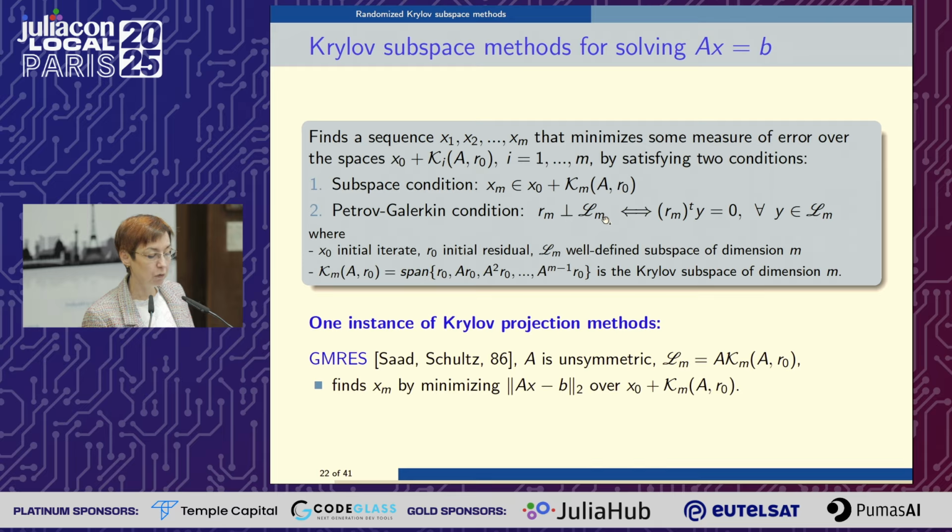In particular, if we look at GMRES, which is a method applied where A is unsymmetric, this subspace Lm is A multiplied with the Krylov subspace, and the solution xm is found by minimizing the residual Ax minus b over x0 plus the Krylov subspace.